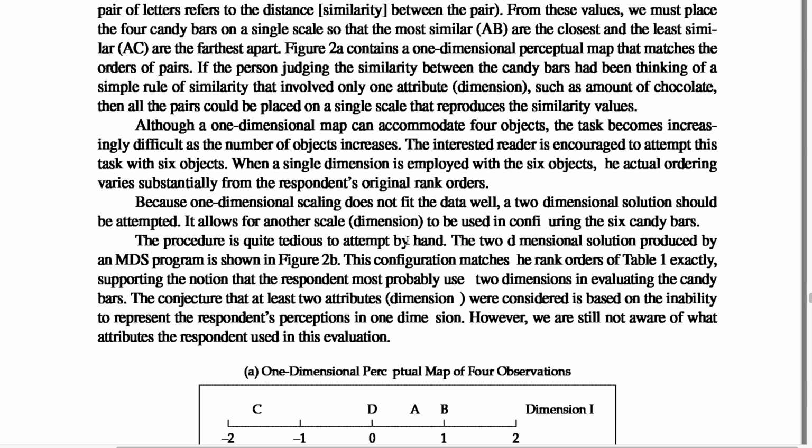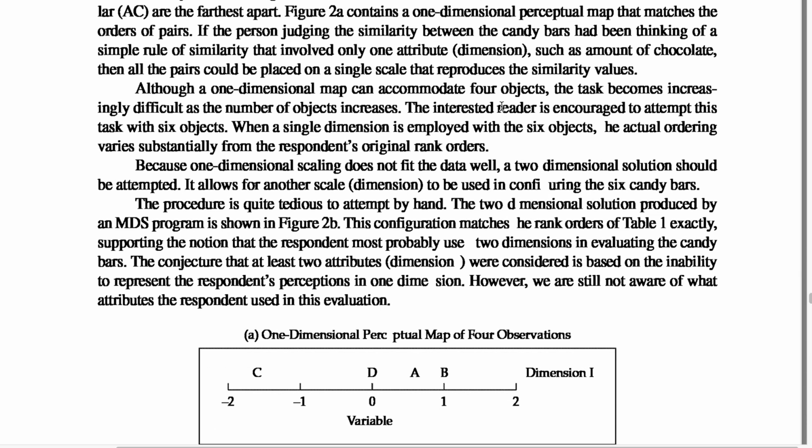Although a one-dimensional map can accommodate four objects, the task becomes increasingly difficult as the number of objects increases. The interested reader is encouraged to attempt this task with 6 objects. When a single dimension is employed with the 6 objects, the resulting ordering varies substantially from the respondent's original rank order.